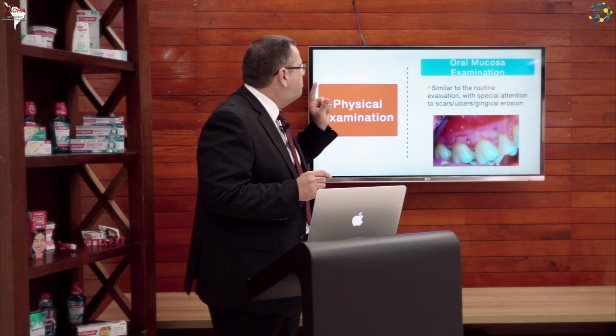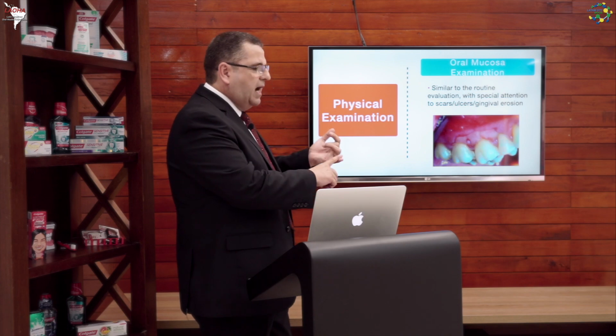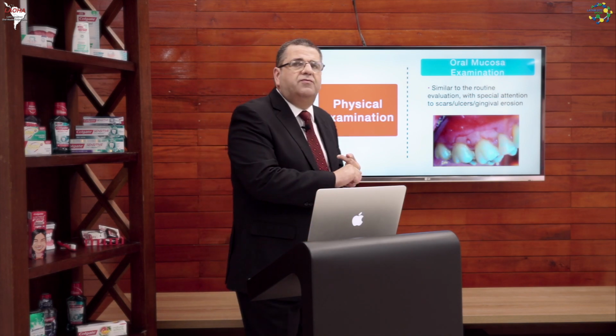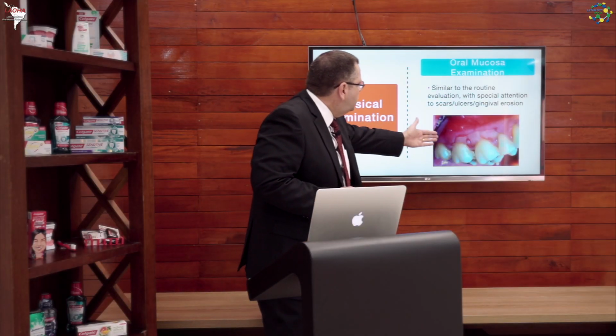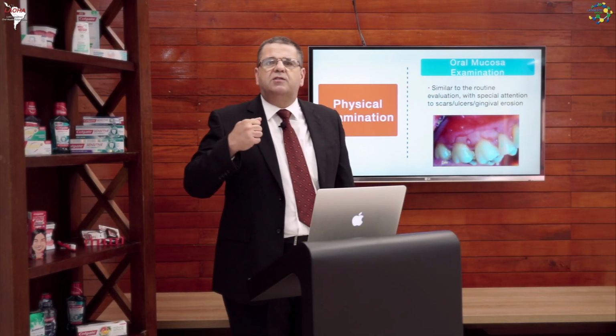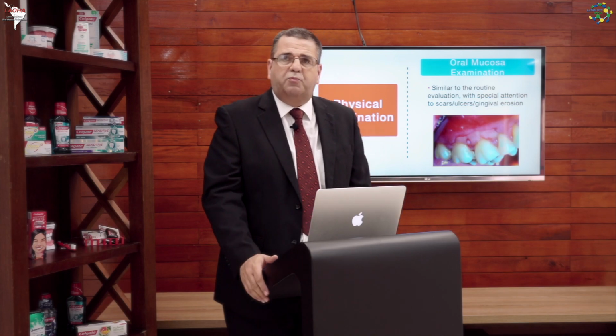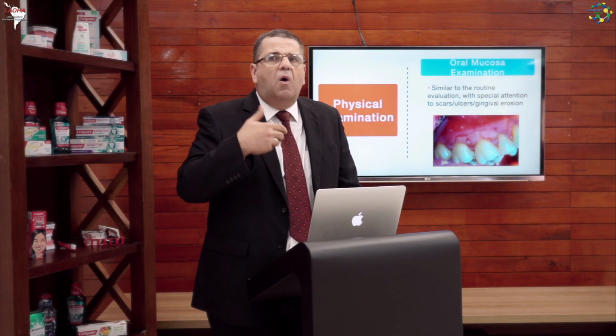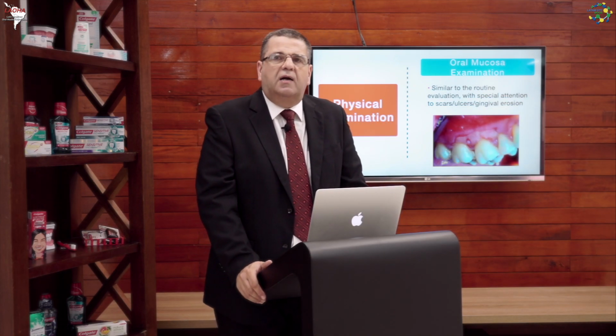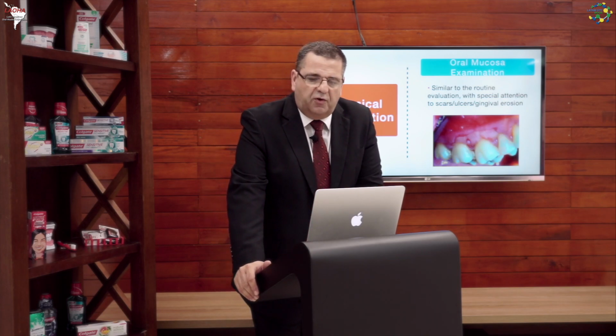However, we have to give special attention to scars, ulcers, or gingival erosion. As we see in this patient here, we're going to see a scar, which means he's using the toothbrush with excessive force or with bristles which are harder than they should be for him.